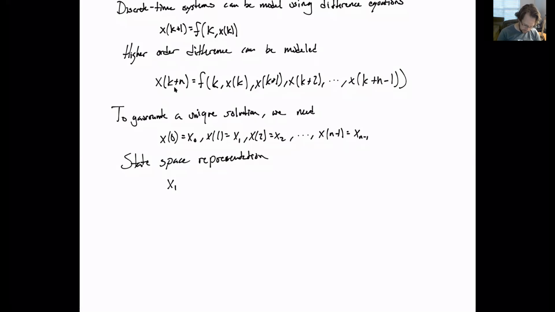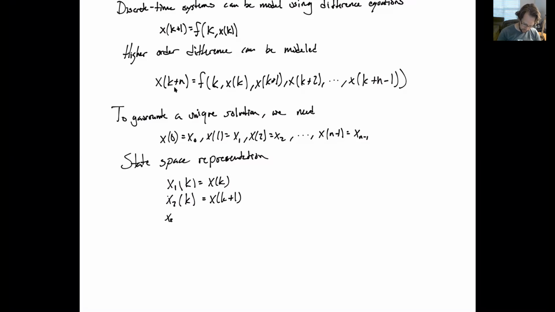We can define x sub 1 at time k equal to x of k. We can define x sub 2 of k as equal to x of k plus 1. We can define x sub 3 of k equal to x of k plus 2, and then all the way down to x sub n of k equal to x of k plus n minus 1.